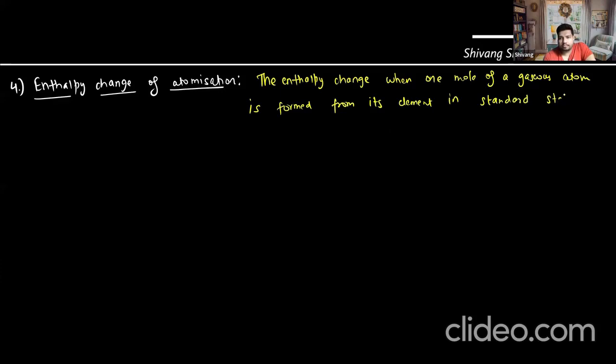Okay. So the element is going to be in standard state, and we are going to form 1 mole of the gaseous atom of that element. Okay. Let's see how it works.